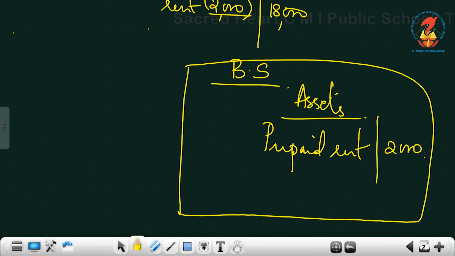Okay. Then the fourth one, again related to this, accrued incomes. You write accrued incomes or outstanding income. Accrued incomes means incomes which are receivable. Outstanding expense means expenses which are payable, but outstanding income means incomes which are receivable.